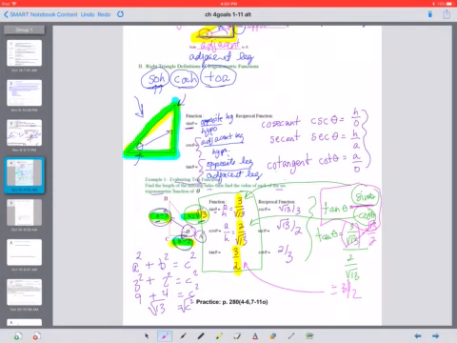What's the reciprocal of sine divided by cosine? The reciprocal is cosine divided by sine. So the cotangent of theta is also equivalent to cosine divided by sine. So I want you to make note of these final two observations. In addition to thinking of tangent as opposite over adjacent, we can also think of it as sine divided by cosine.